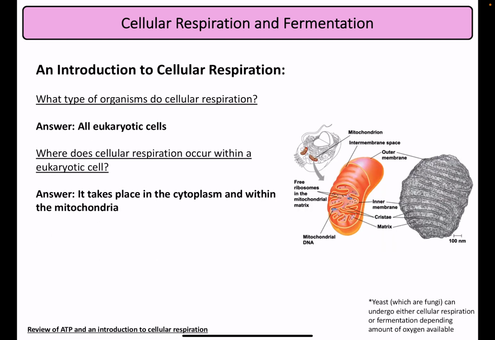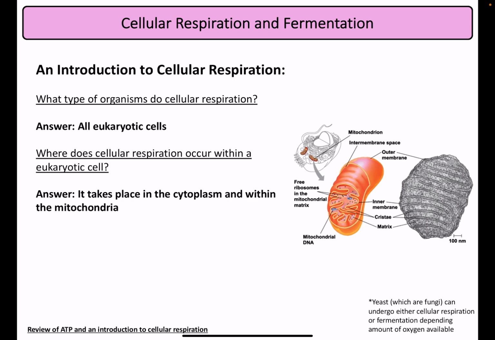Moving forward, we're going to ask, again, what I call my big picture questions, which are important. Big picture questions with respect to cellular respiration as a whole. Our first question is, what types of organisms do cellular respiration? It's a very broad, simple answer, and that is all eukaryotic organisms.